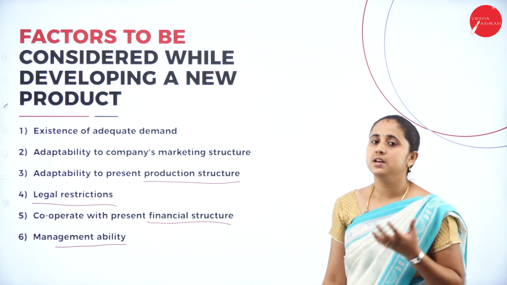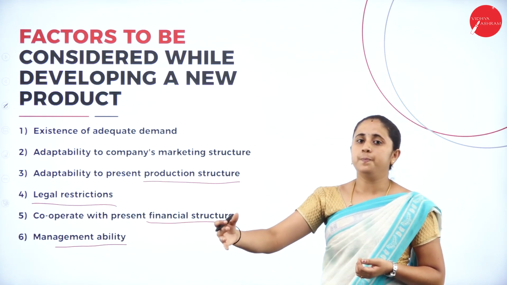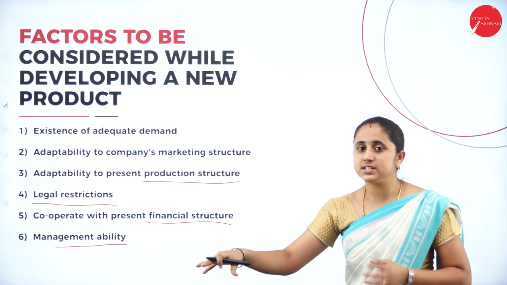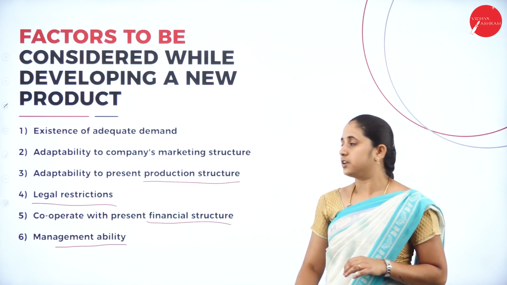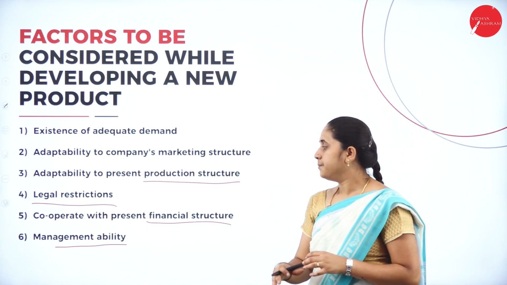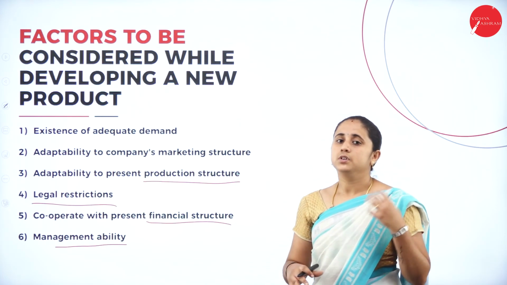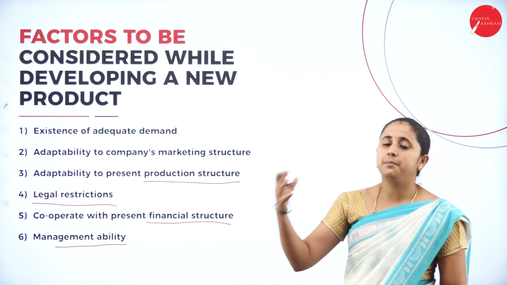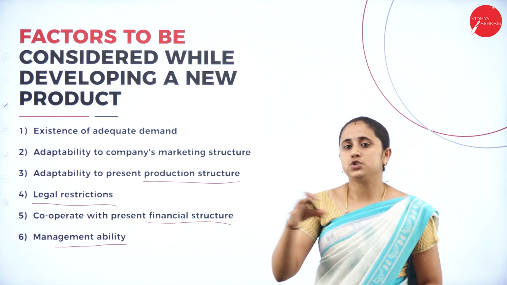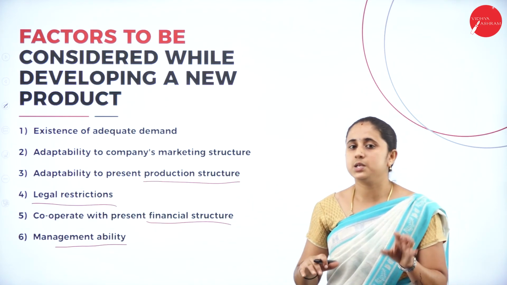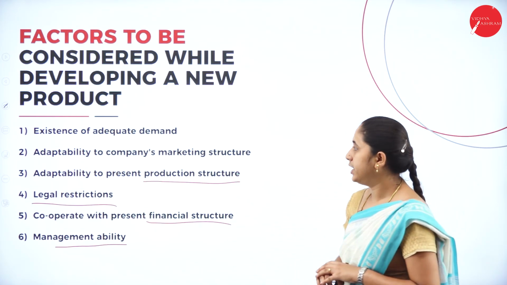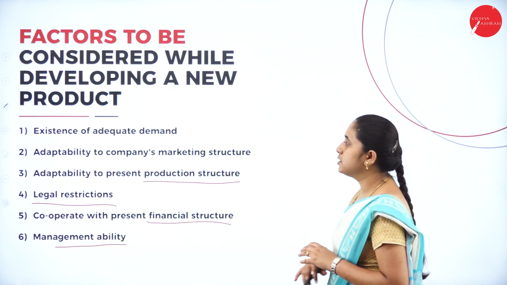Management ability means the management has the ability to manage all the existing as well as the new product. So you need to verify the management ability. You need to ensure that the management is able to manage all the activity, new product as well as existing product. You need to consider all these factors.